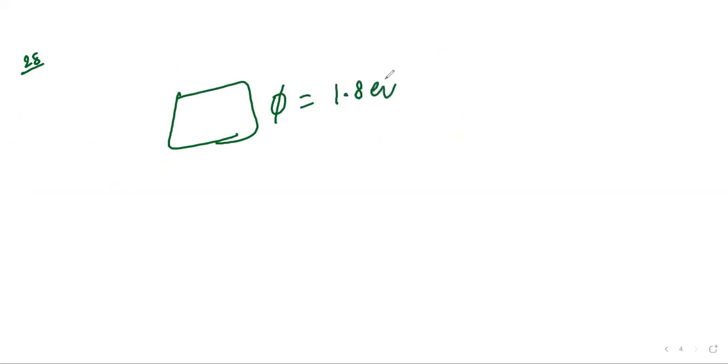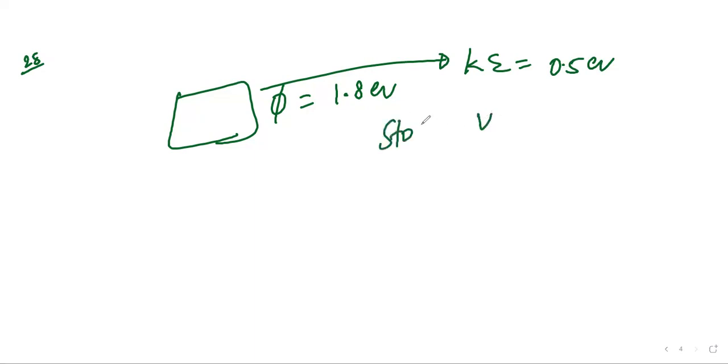The kinetic energy of most energetic electrons emitted is. So here the electron is coming out whose energy value is 0.5 electron volt. You have to find the corresponding stopping potential.